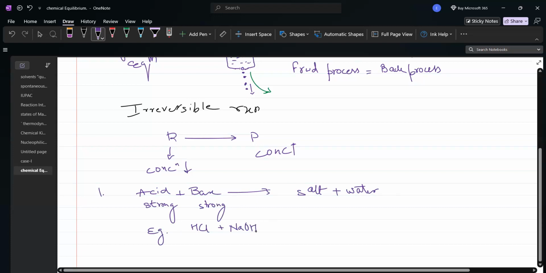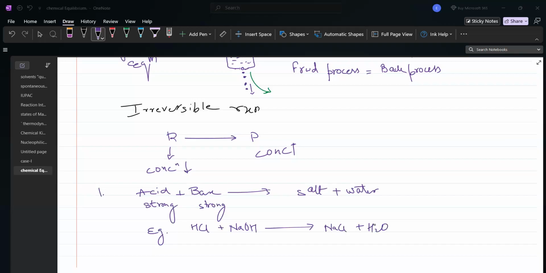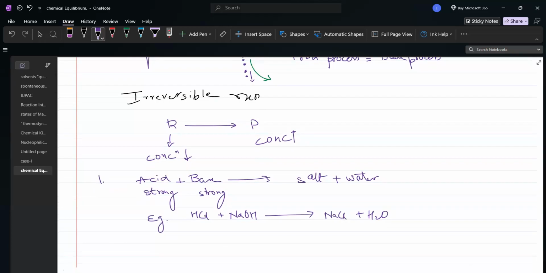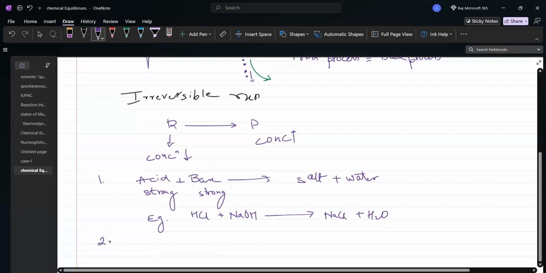So what will happen? This will readily convert into NaCl plus H2O. Okay. So this will never go back in backward direction. Okay, and every bit of HCl and NaOH will react with each other.